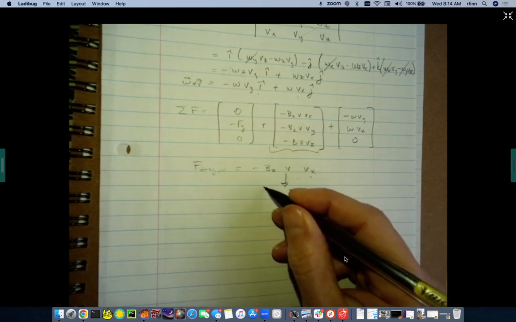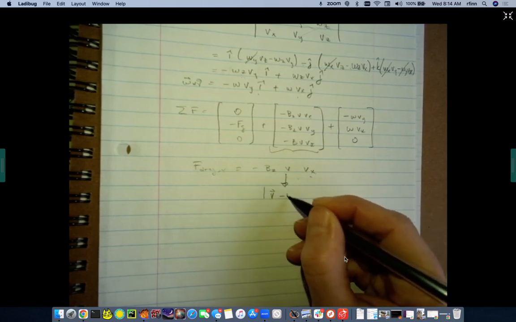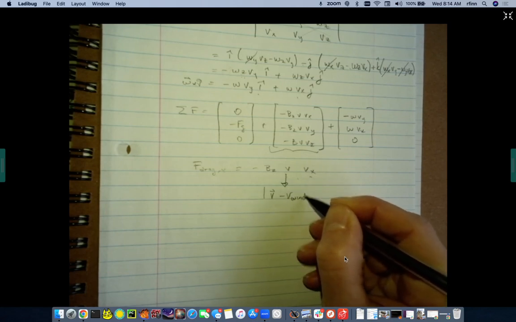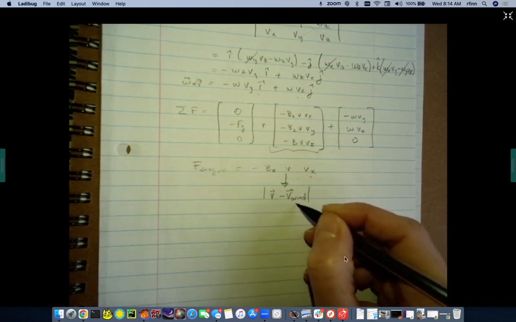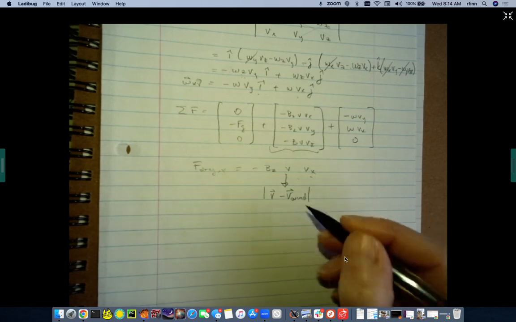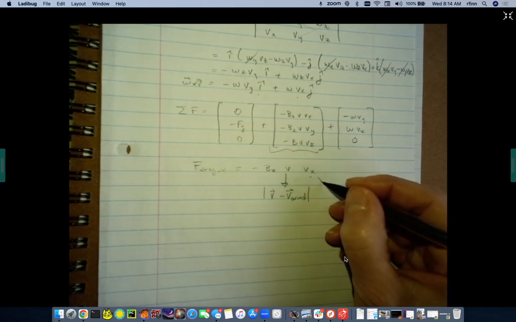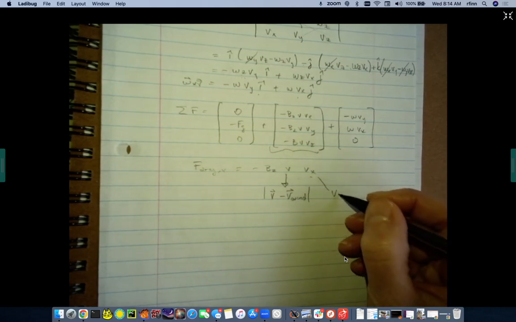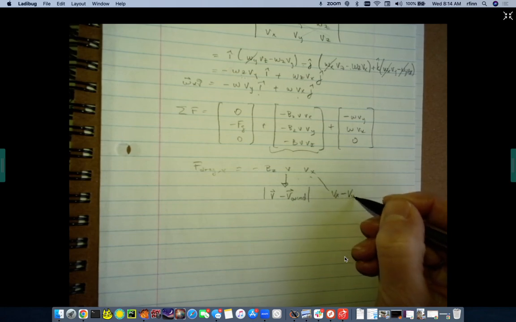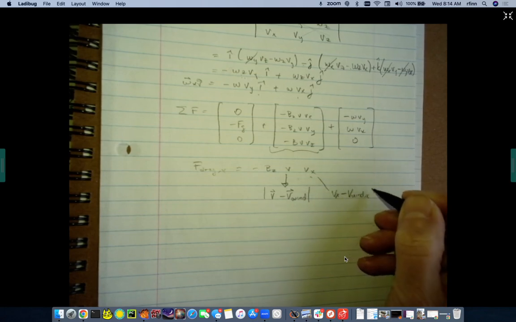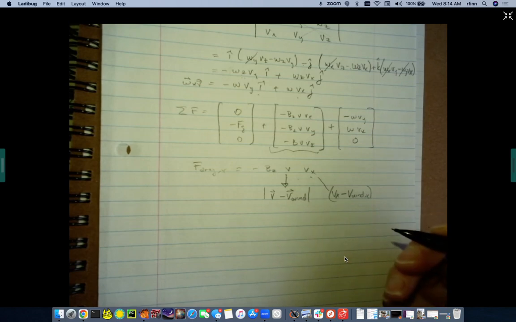This is going to be the magnitude of our velocity minus the wind. So it's really our velocity relative to the air, and then this is going to be Vx minus V wind x.